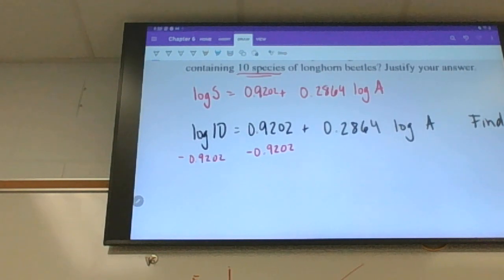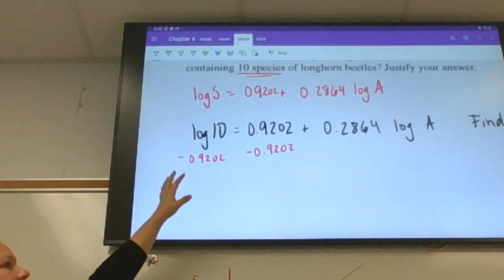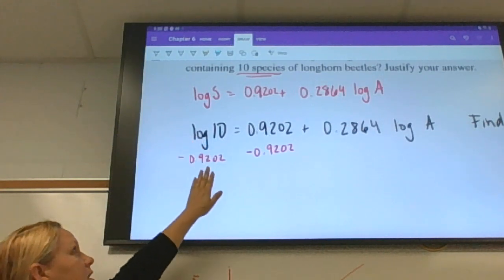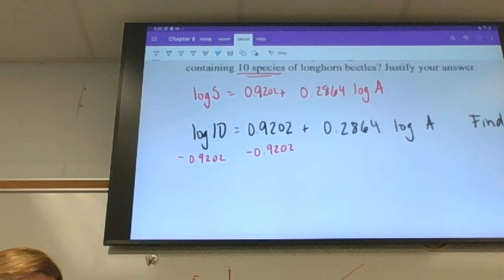All right, the one thing I'm going to do differently than the book example is I'm going to use my calculator all the way through to make it look easier. Your book had the subtraction still shown. I'm going to go ahead in my calculator, log 10, close parenthesis, subtract 0.929. Log 10, close parenthesis, minus 0.9202.